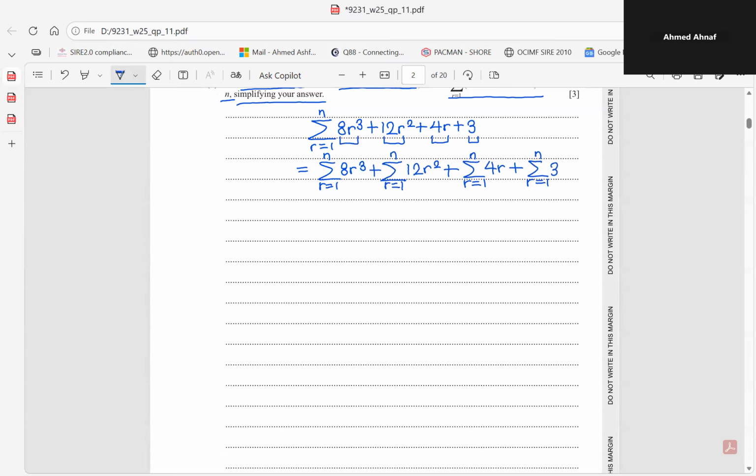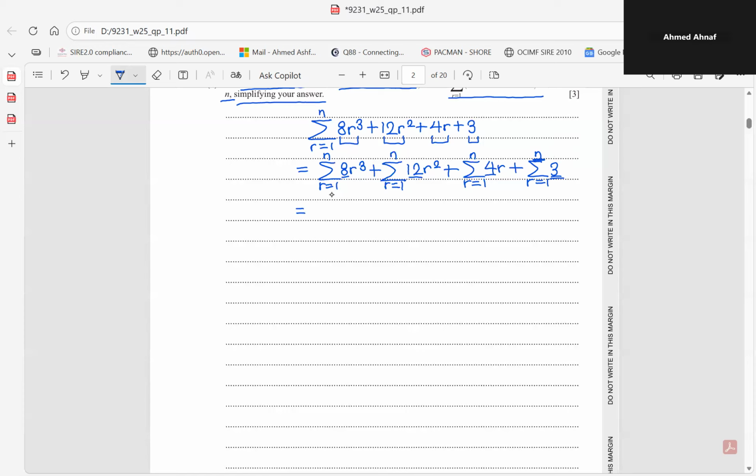Okay, so now the next step is to take out all of our constant terms inside the summations that are not in terms of r. And for the terms that only have constant terms inside the summation, just like when you're integrating, you just add whatever variable you're integrating with respect to. So in this case, you just substitute whatever the upper limit of the summation is, which in this case is n.